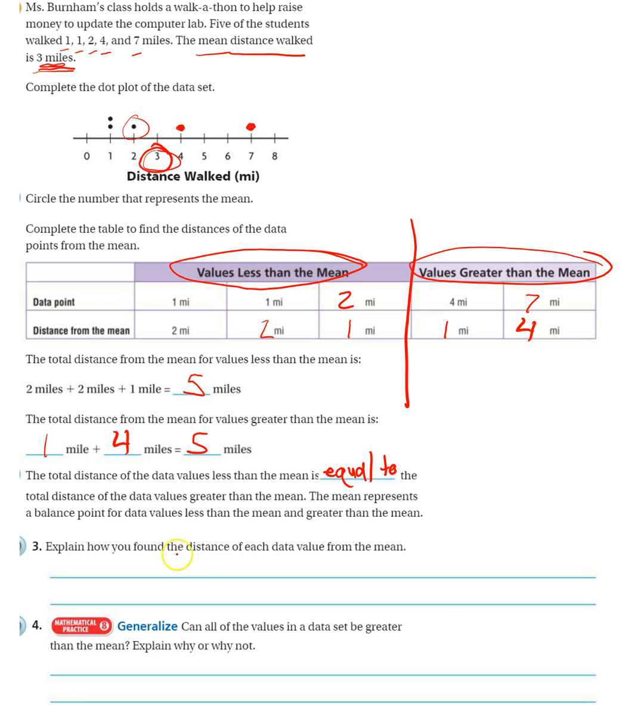Okay, number 3, explain how you found the distance of each data value from the mean. So how did we find this number?